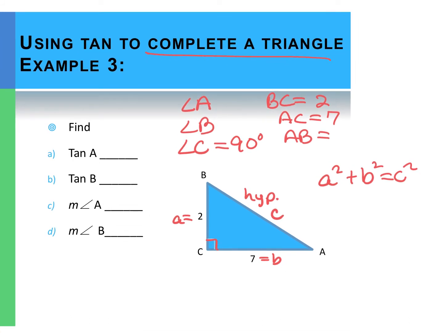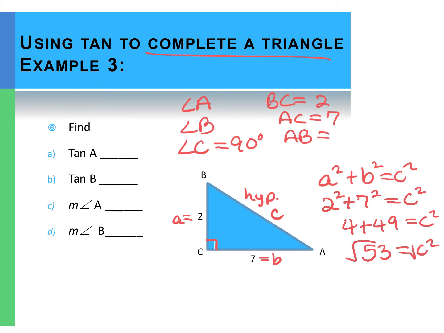So let's fill in my numbers. 2 squared plus 7 squared equals c squared. 4 plus 49 equals c squared. 53, square root, and c is equal to the square root of 53. That is the length of AB.